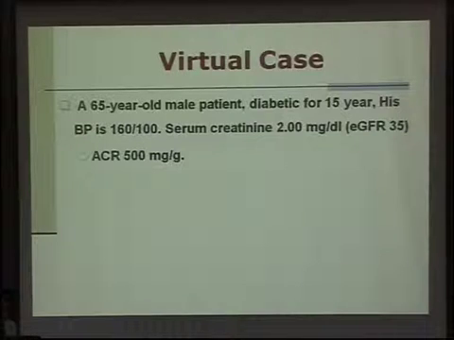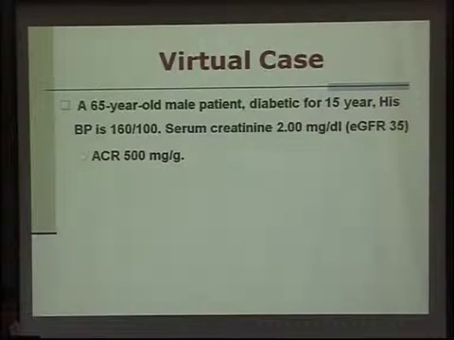So this is a virtual case, and this is a common scenario that we may have in our clinic. A 65-year-old male patient, diabetic for 15 years, blood pressure 160 over 100, severe hypertension, creatinine 2 milligram per deciliter, estimated GFR 35.